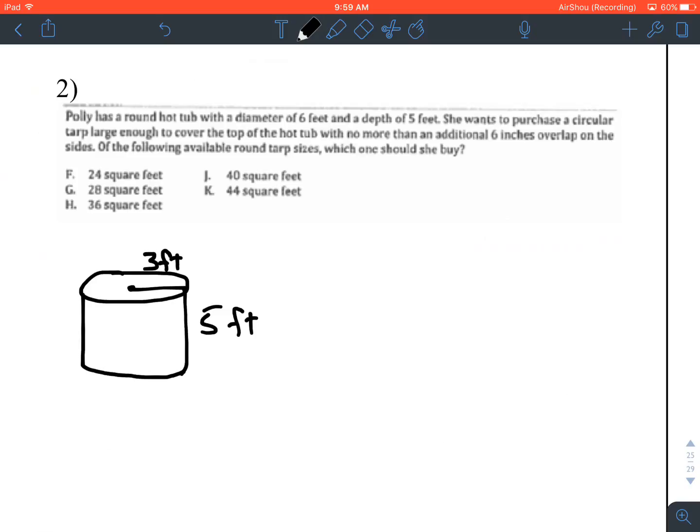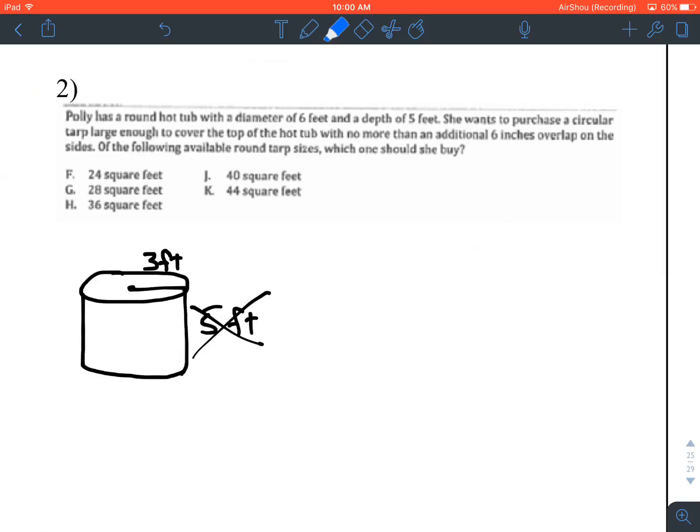She wants to purchase a circular tarp large enough to cover the top of the hot tub with no more than additional 6 inches overlap on the sides. Of the available round tarp sizes, which one should she buy? So it turns out this 5 foot is irrelevant.